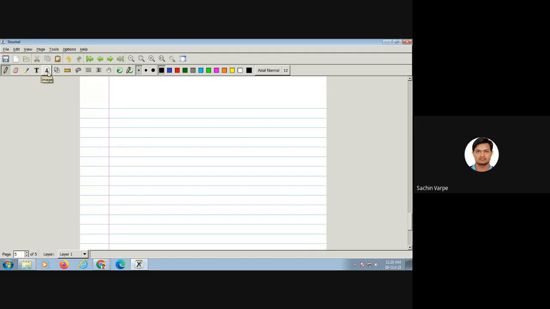So the third method is the inversion integral method. It's very important and interesting also.